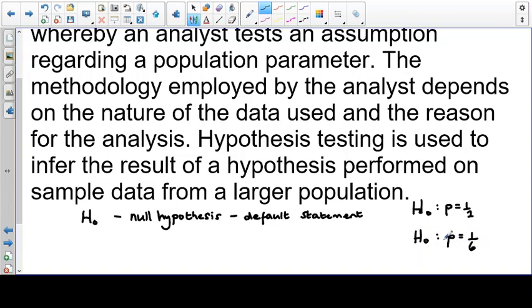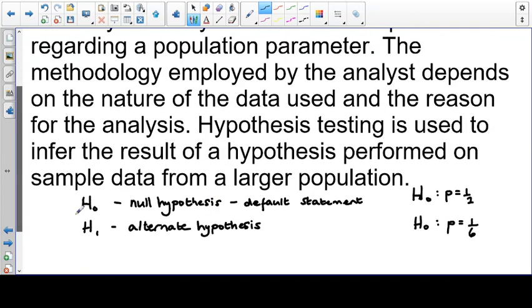So that's our null hypothesis. It's a default statement. And then we would have what we call the alternative hypothesis, which in this case might be P is greater than a half or P is greater than a sixth.